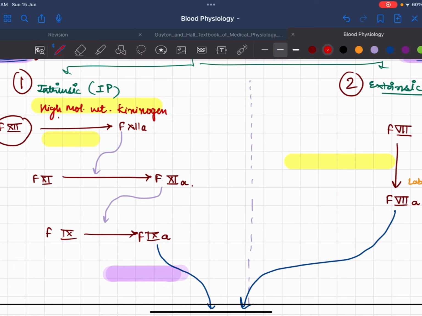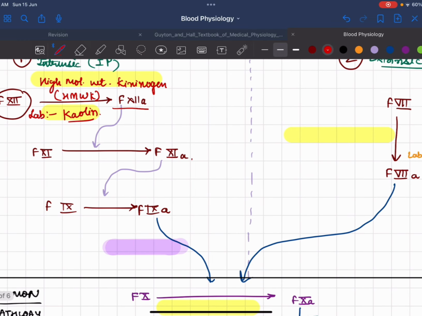We can also write it as HMWK. So HMWK converts factor 12 into factor 12A. This is in the body, but if we want to do this process in the lab, we can use kaolin. Kaolin is also a compound which can be used for the conversion of factor 12 into factor 12A.